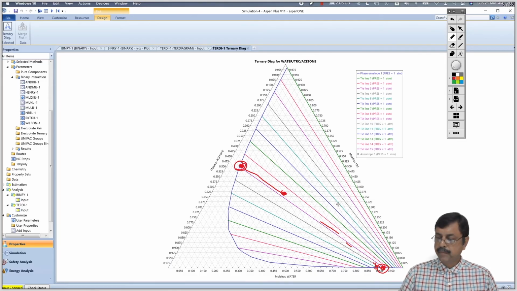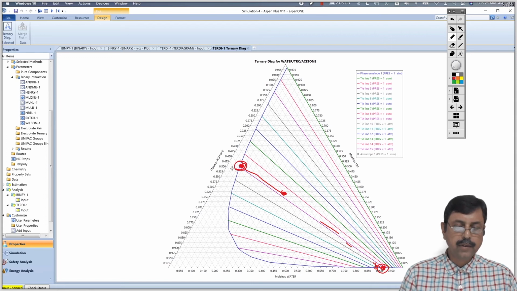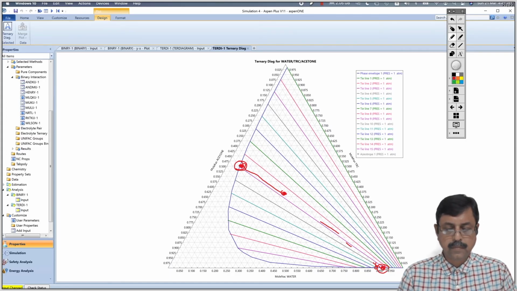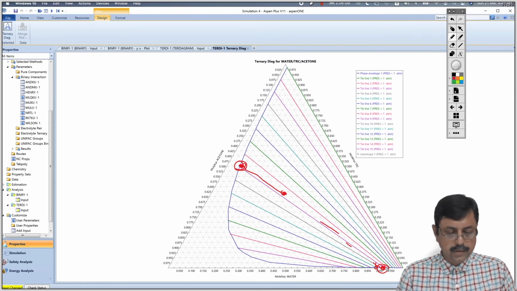For instance, this is the point where water is very less, so it is the composition of L2. On the other hand, this is the composition of L1, where we'll have almost no TRC. TRC is almost 0, and it will be nearly 91 or 92% of water and very small amount of acetone. So let us see.